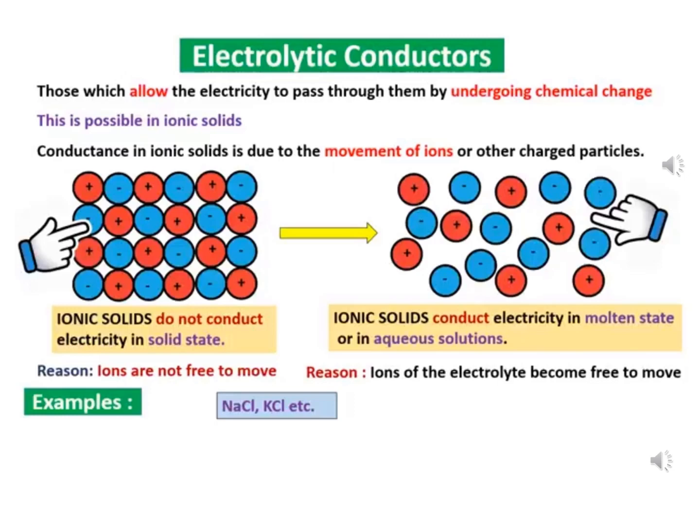But on the right side, you can see in the figure that there are spaces between these ions and they can move freely, so electricity can pass through them easily. Examples of electrolytes, which are ionic solids, are sodium chloride and potassium chloride. When these are in the molten state or in aqueous form, they can conduct electricity.